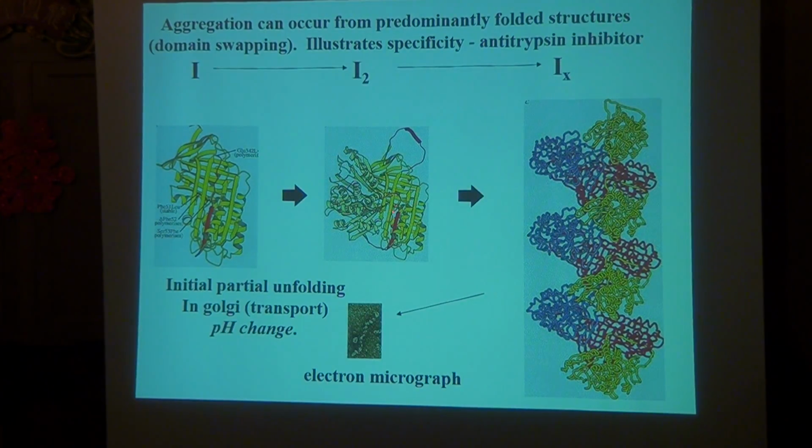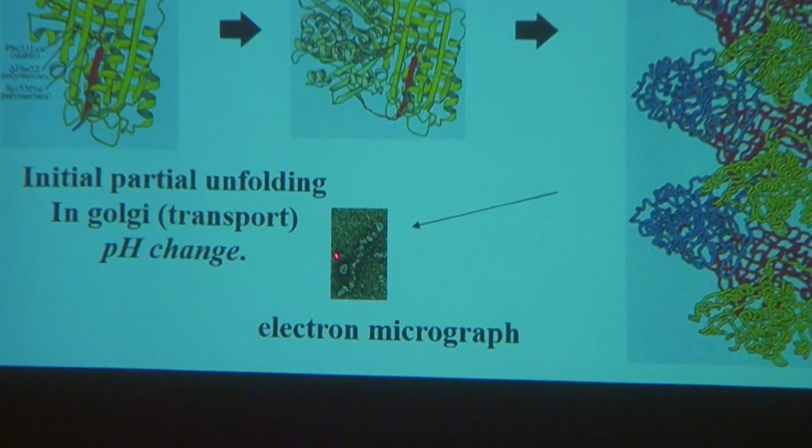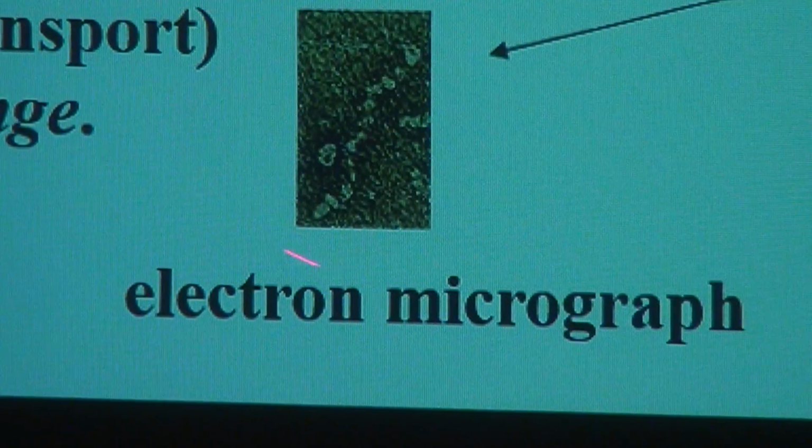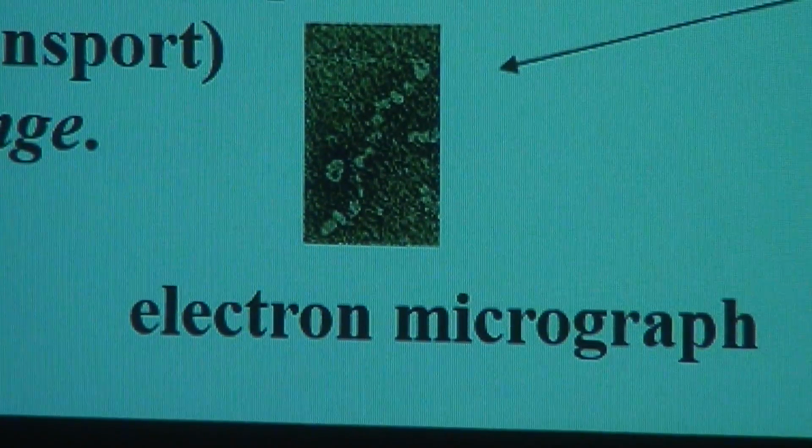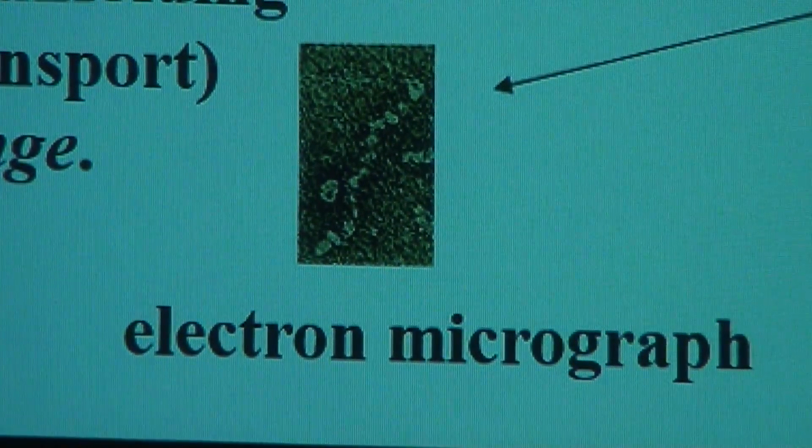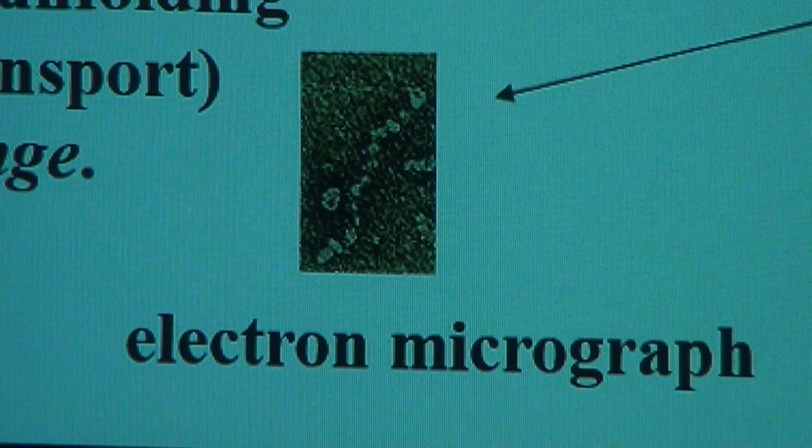Another one is having the same problem, but that little groove is still available for interaction. So what you get here is aggregates, very specific aggregates, and with electron microscopy you can actually see those aggregates. This is an event that occurs in emphysema genetically, and it's only one amino acid change that can result in this.